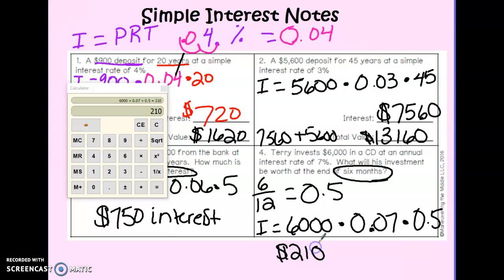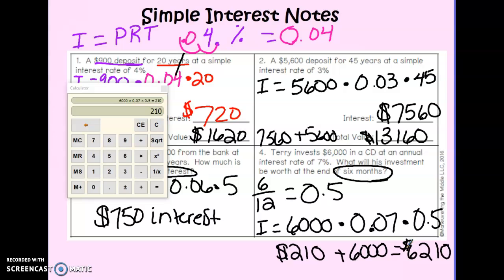But it doesn't ask us how much interest he is going to have. What will his investment be worth? So we're going to add in our initial $6,000, and we get $6,210.